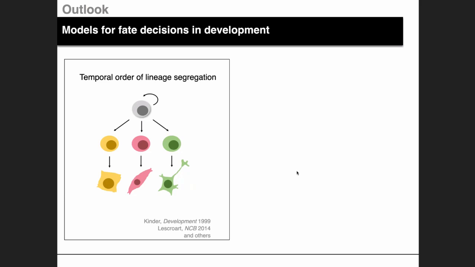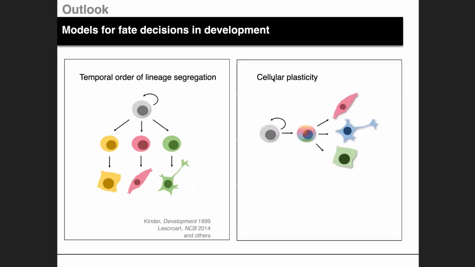Now, there is another model, and this has been very well shown for hematopoiesis, which is the model of cellular plasticity, whereby the first precursor cells are actually plastic cells. And with time, a fate is chosen and the other two fates are repressed. And this is where we find basically the late commitment genes, or the fate genes that everybody knows.